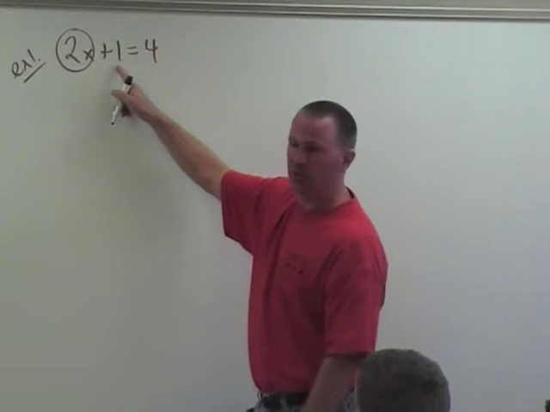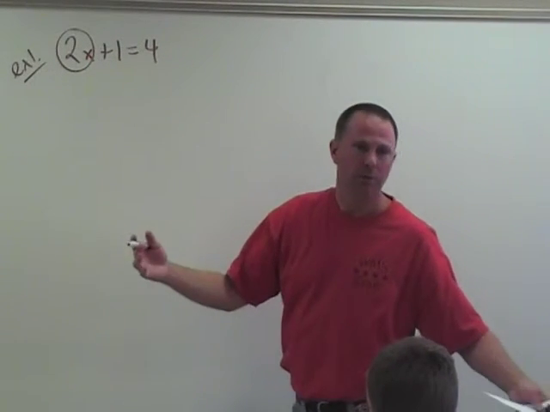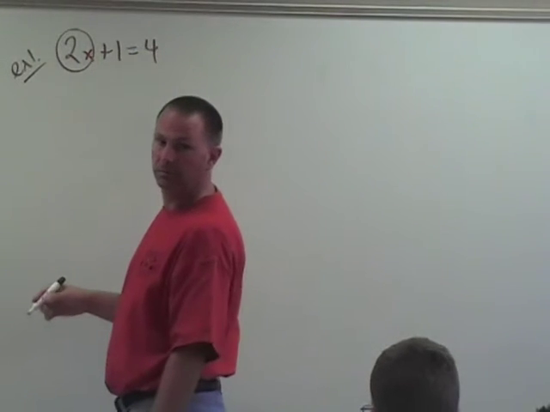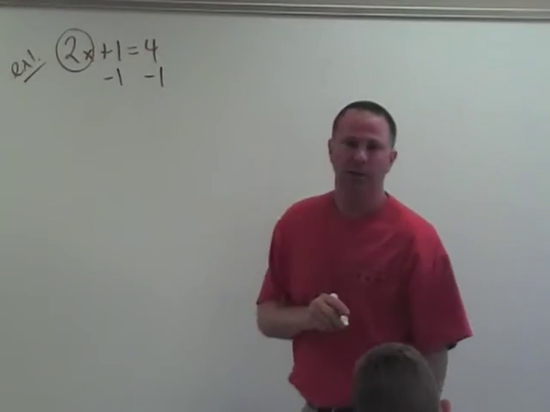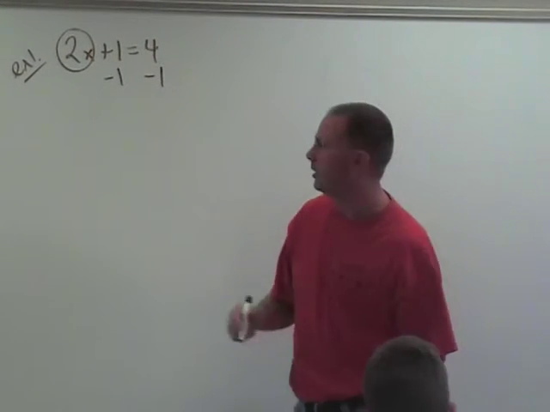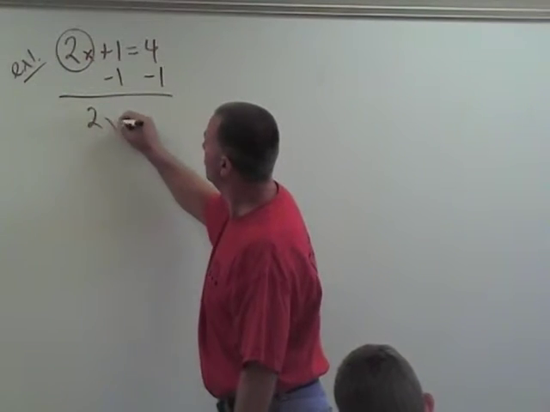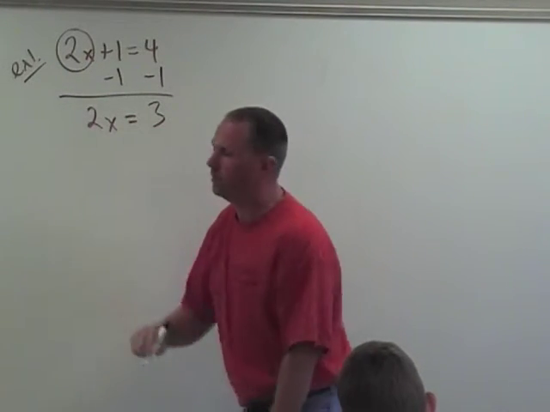I'm going to move this term to the other side of the equal sign. How do I get rid of a plus 1? Good. Minus 1. Rule number 1, when adding or subtracting, you must do it once on each side of the equal sign. See how that works? That's one step. You're left with 2x on the left, a 3 on the right.